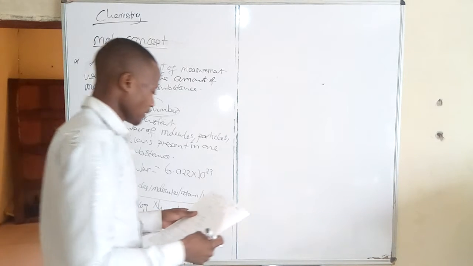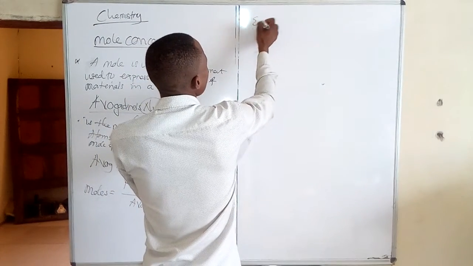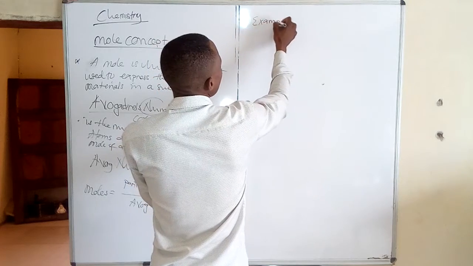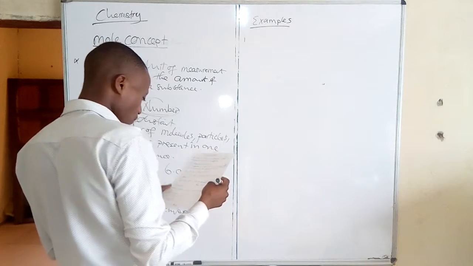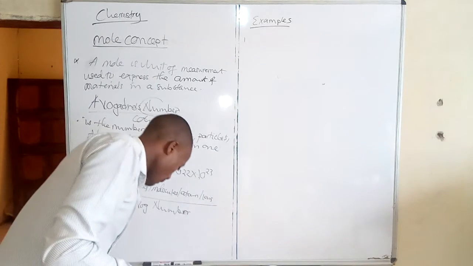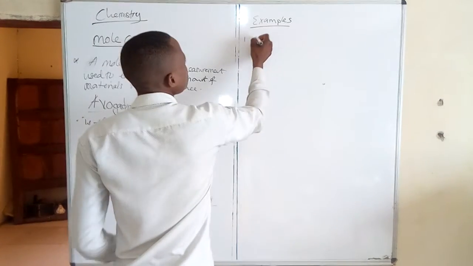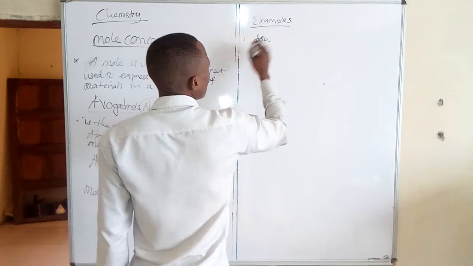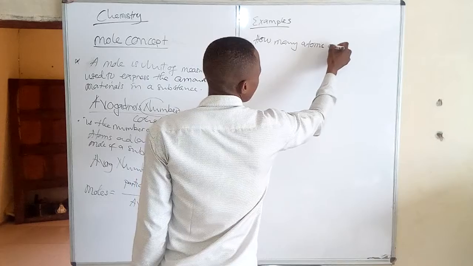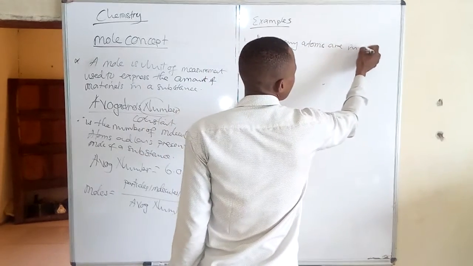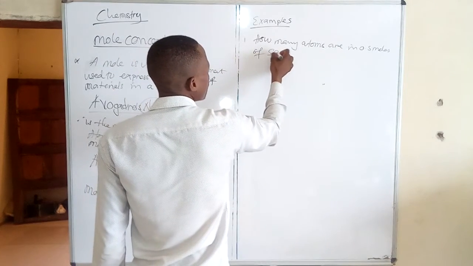Example 1. How many atoms are in 0.5 moles of sodium?